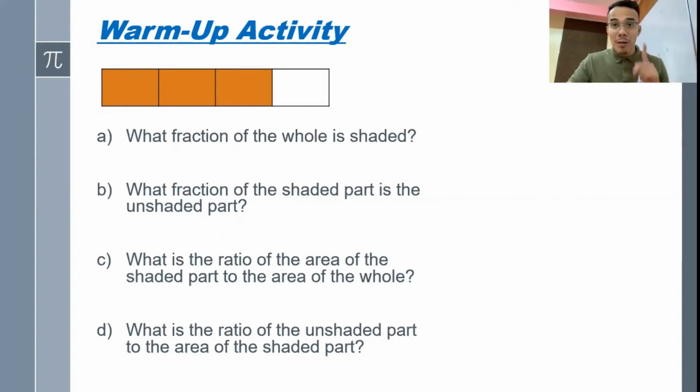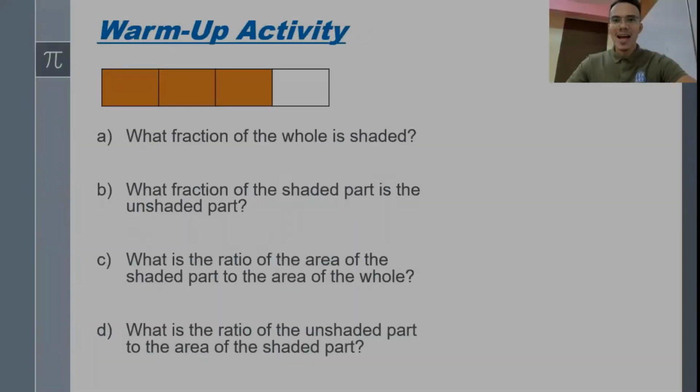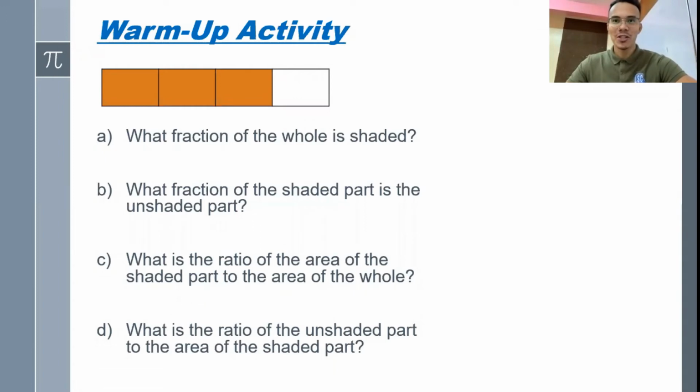You can pause this video while answering these questions and just play the video again if you are already ready with your answers. All right, let's see how you are doing in this activity. Get ready with your answers as I'm about to reveal the answers. Letter A, what fraction of the whole is shaded?